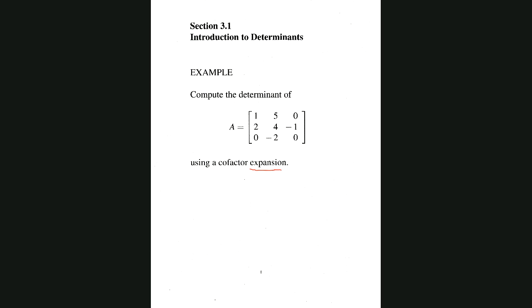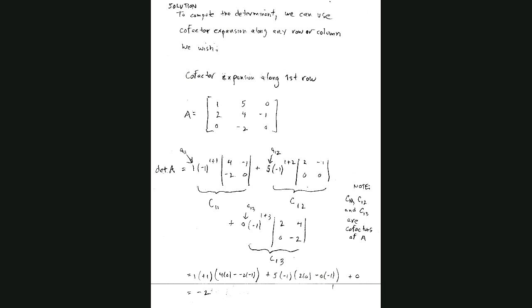So we're going to do an expansion. What is this cofactor expansion? To compute the determinant, we can use cofactor expansion along any row or any column we wish. Let me give you a moment to copy this down.